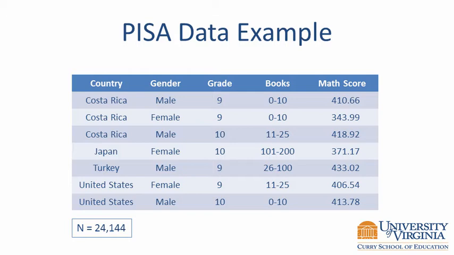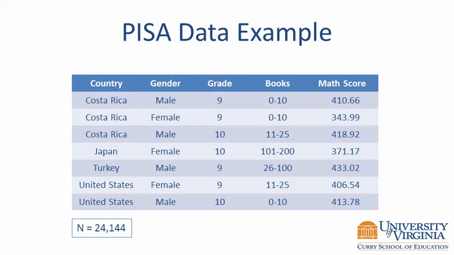All of the examples in this session use data from the Program for International Student Assessment, or PISA. According to the documentation, PISA is an international assessment that measures students' ability to use their knowledge and skills to meet real-life challenges. It began in 2000 and it takes place every 3 years.